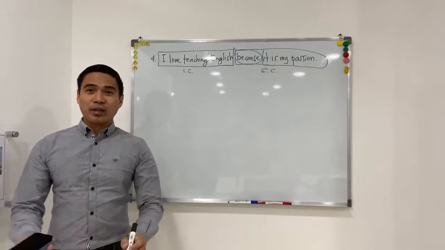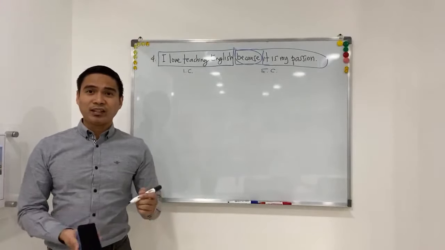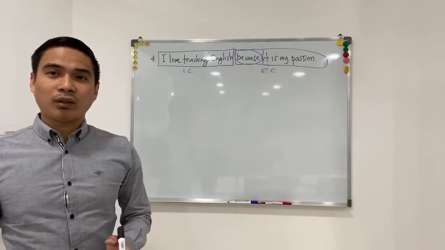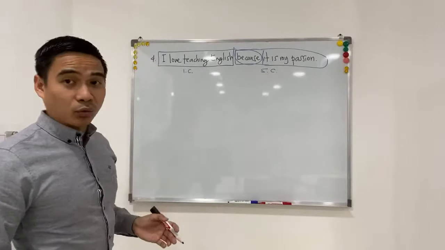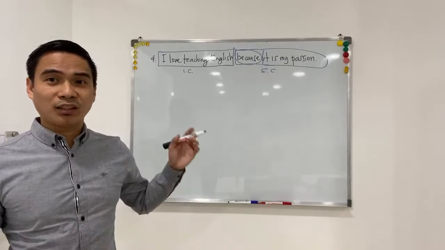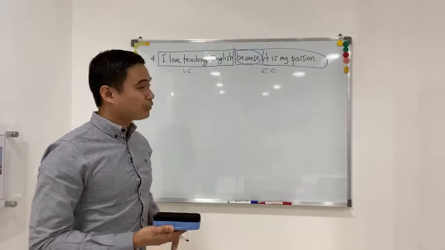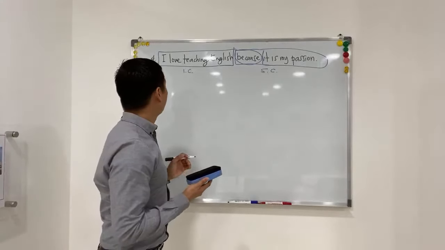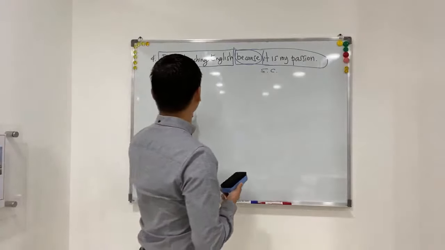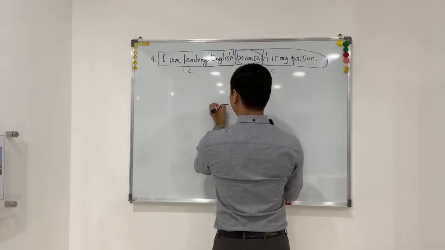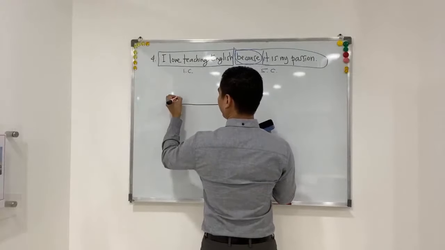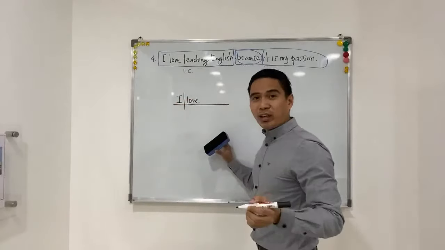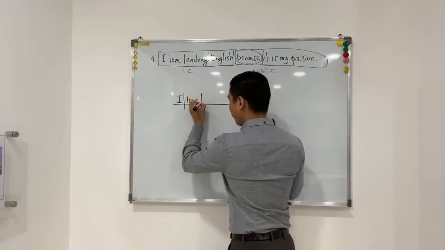And teaching sounds to be a verb, but I think I already made a recorded video about the verbals. So teaching is a gerund. So it's going to be complicated a little bit. I love. What do I love? So it is a direct object.